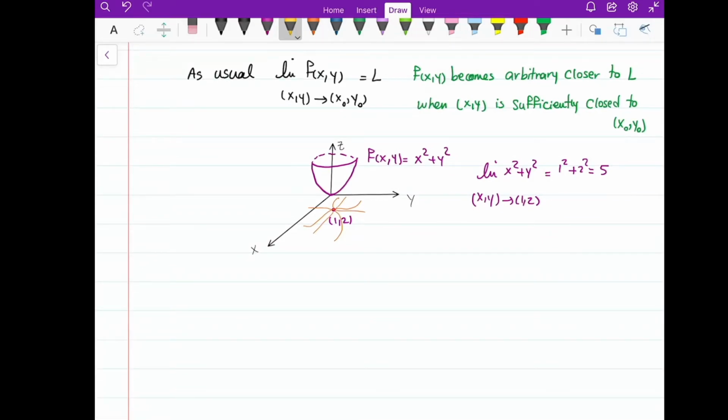So as a note, x and y can approach x naught and y naught, and basically x is getting closer to x naught and y is getting closer to y naught in various ways.